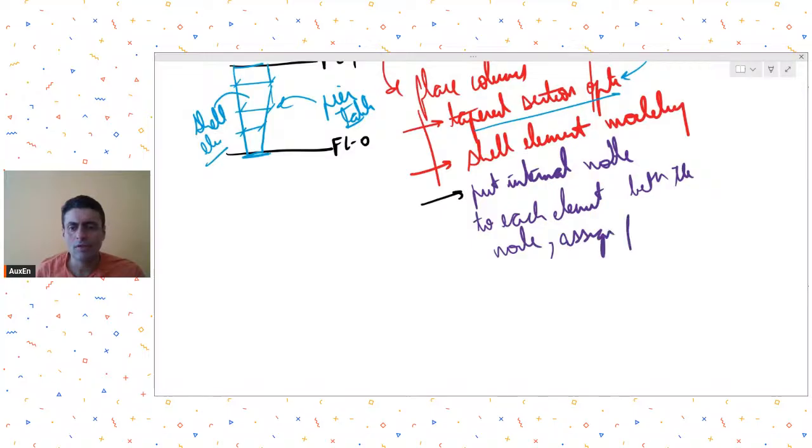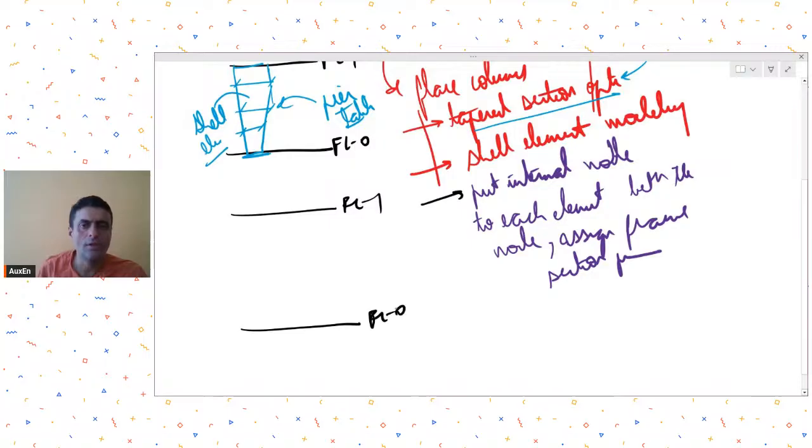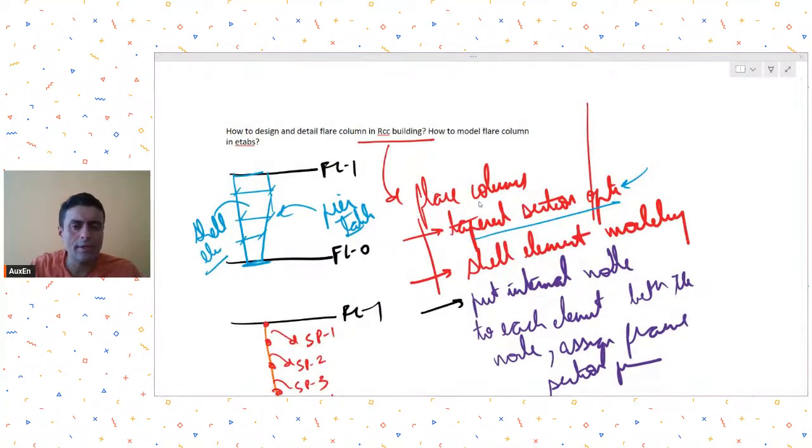That means between floor 1 and, let's say, floor 0, you make a line element and have nodes inserted like this, and then to each portion you assign different section properties, and the dimensions of those section properties should represent your flare column geometry. So this is how you can do it. Three options come to my mind if you want to model a flare column in ETABS.